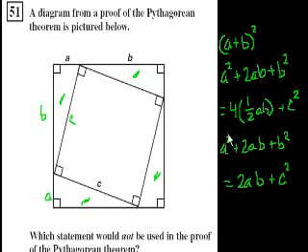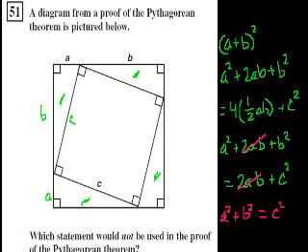Well, we can subtract 2AB from both sides of this equation, the top and the bottom the way I've written it. If we do that, you subtract 2AB from there, subtract 2AB from there, and you're left with A squared plus B squared is equal to C squared, which is the Pythagorean theorem, and we've proved it.